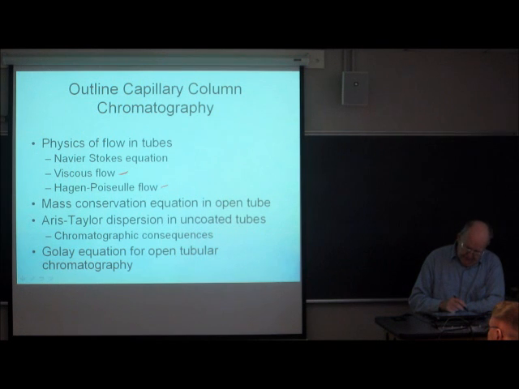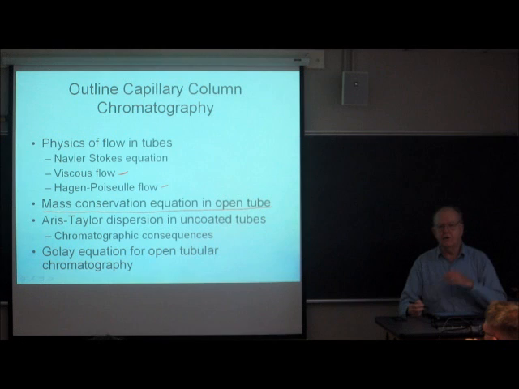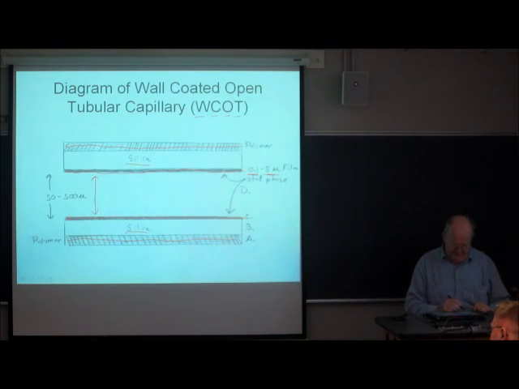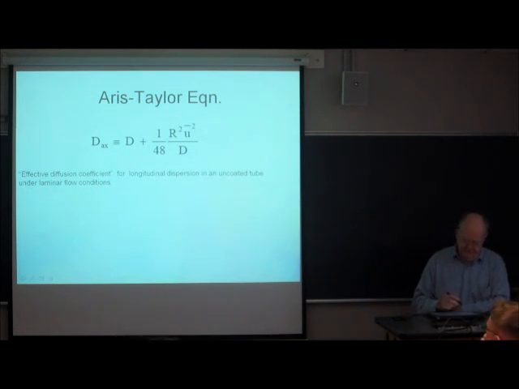Later on, we're going to get into, as I sort of foreshadowed here, the mass conservation equation in an open tube. And these will lead us ultimately to equations for the HETP inside the tube. Now, in about a day and a half, we're going to get to this equation known as the Aris-Taylor dispersion equation.